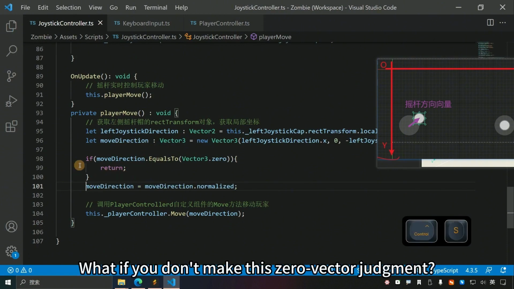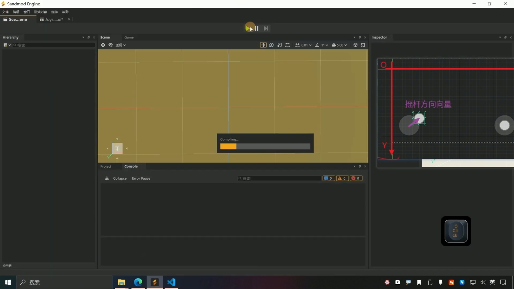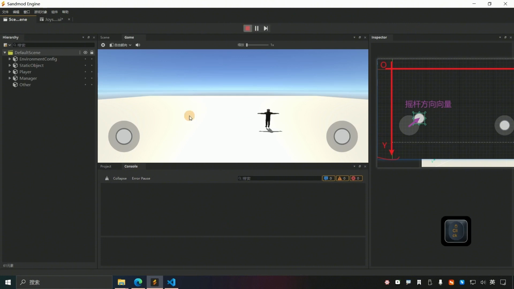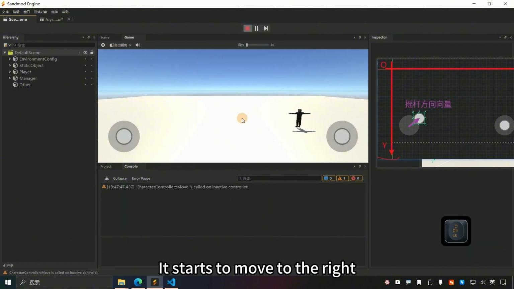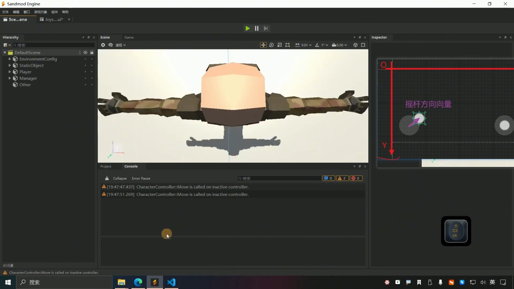What if you don't make this zero vector judgment? You will find it starts to move to the right. What does this mean?